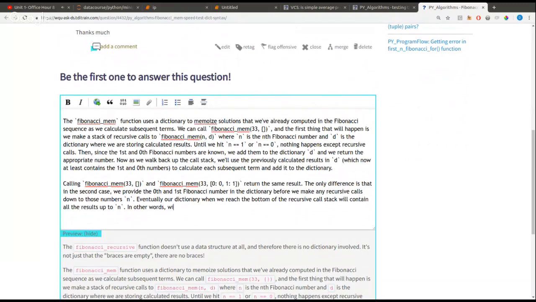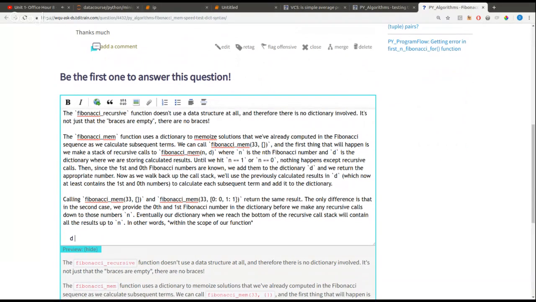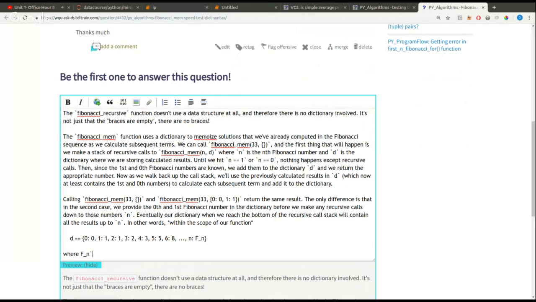In other words, within the scope of our function, D equals 0, 0, 1, 1, 2, 1, 3, 2, 4, 3, 5, 5, 6, 8, dot, dot, dot, n, f sub n, where f sub n is the nth Fibonacci number.